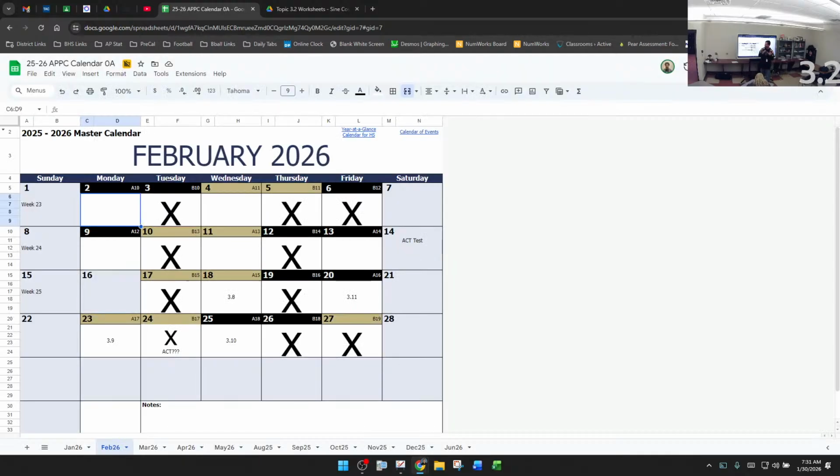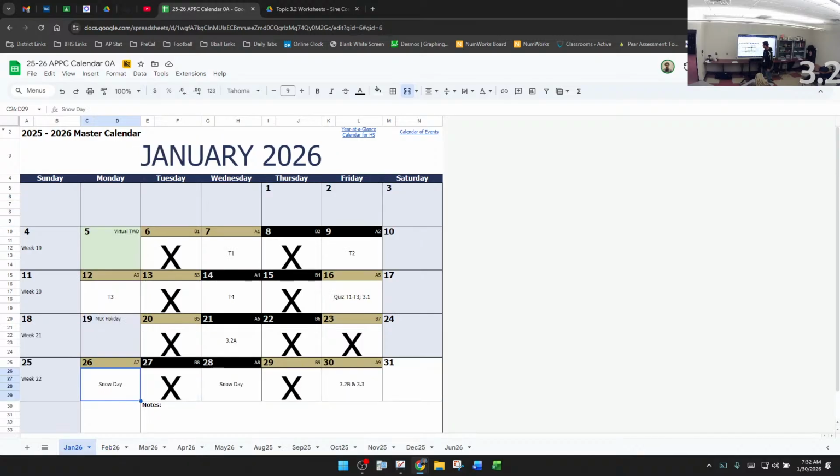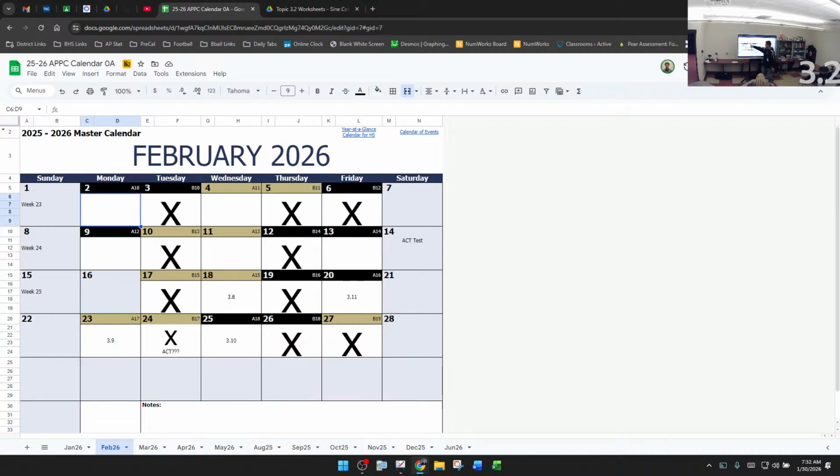I have updated the calendar somewhat. I stopped updating it, but we're in January for just a little bit longer. Snow day. So here's today, 3.2b and 3.3. Homework wise, I'll explain that when we get to it. Then I'm going to throw 3.4 here, probably have 3.5 here, but somewhere in there we're going to have a quiz.